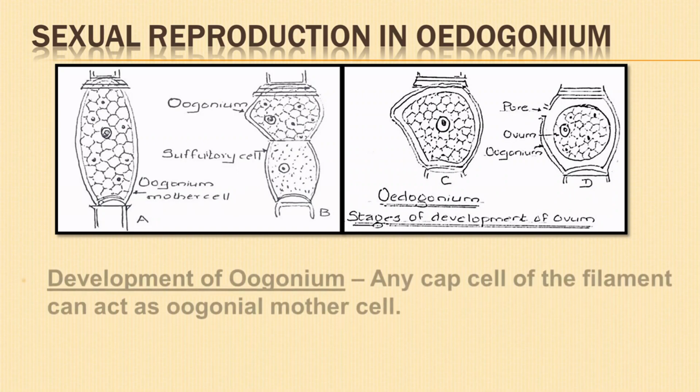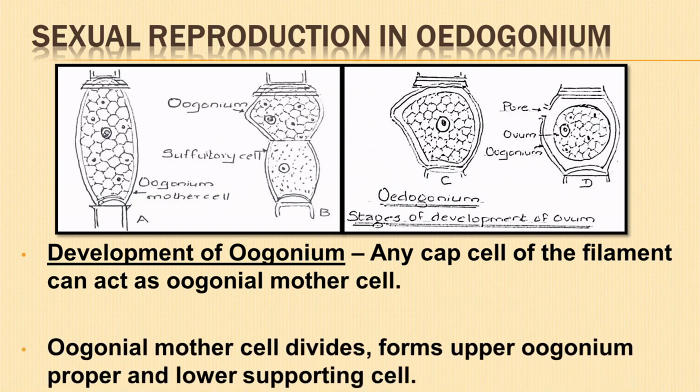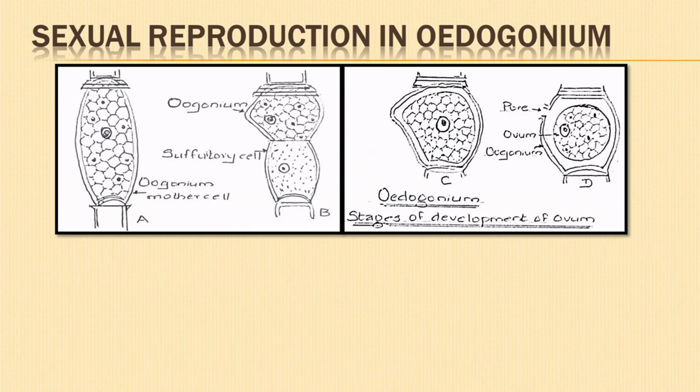The oogonium may be intercalary or terminal. Any cap cell of the filament can act as the oogonial mother cell. The oogonial mother cell divides to form an upper cell, the oogonium proper, and a lower cell called the supporting cell.